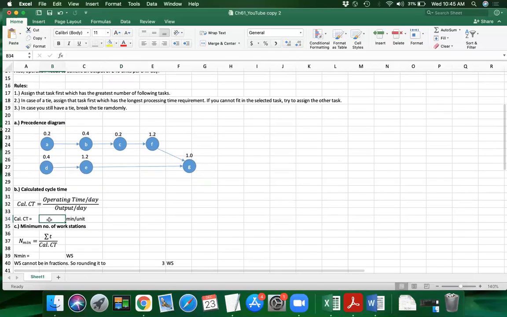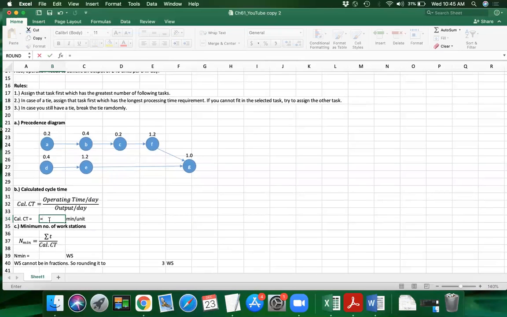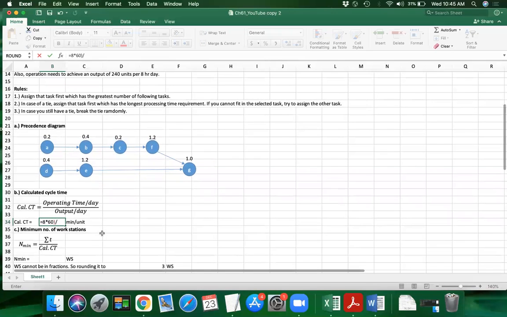So let's do that. It should be equal to operating time, 8 times 60, right? It's better to put it in parentheses, divided by output, which is 240. Yes, 240. Make sure you provide opening parentheses here as well.